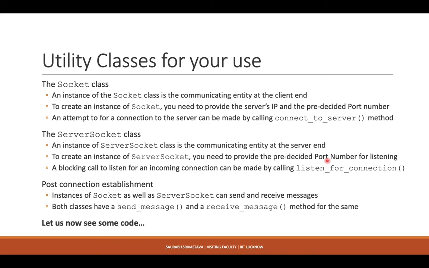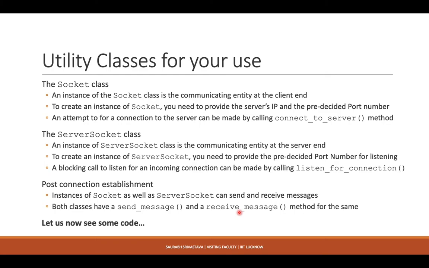The IP is your machine's IP. And once you have created the socket, you can call the listen for connection method, and then it will start listening for a new connection. And post connection, both these classes have the methods send message and receive message, with the help of which you can send and receive data.